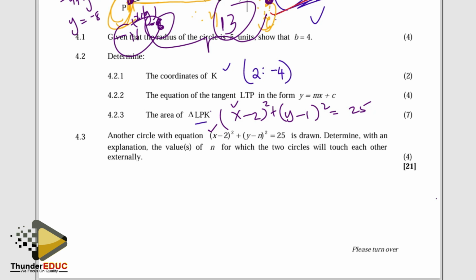So for two circles to touch externally, the RA plus the RB must be exactly the same as the distance AB. So RA plus RB is giving us 5 plus 5, which is 10. But we need the coordinates of n. What are we going to do?